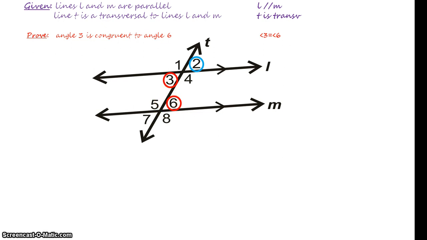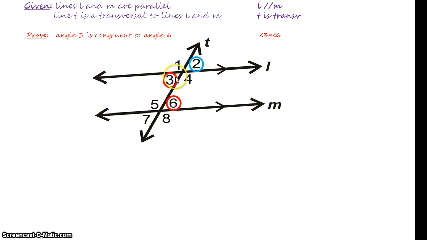So now that we know that is true, if we could prove that 3 is also congruent to 2, then we can conclude that 3 is congruent to 6.